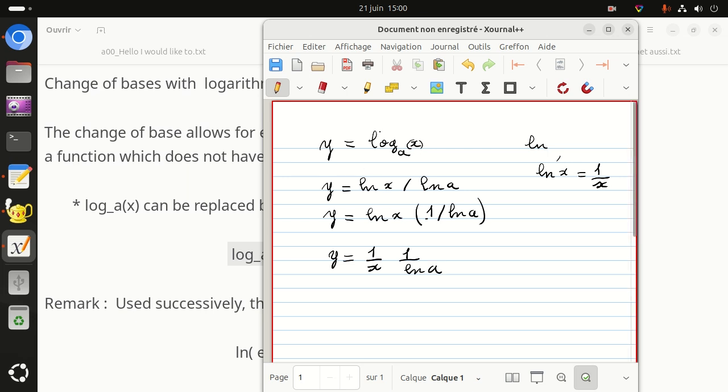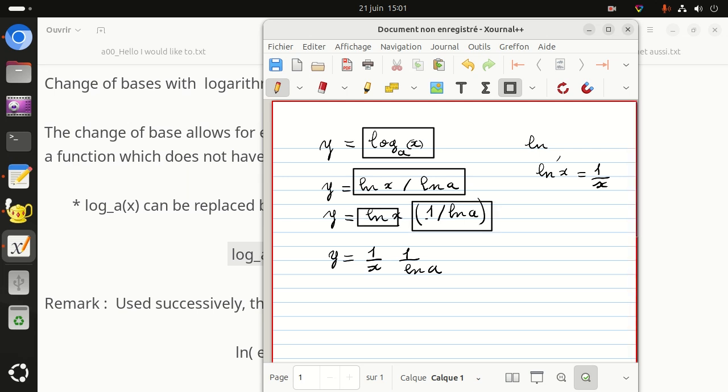I was not able to derive this function, so I write this function with the ln function. I separate ln of x and ln of a, and now I am able to derive this function. I know that the derivative of ln of x is 1 divided by x, and I have now the solution.